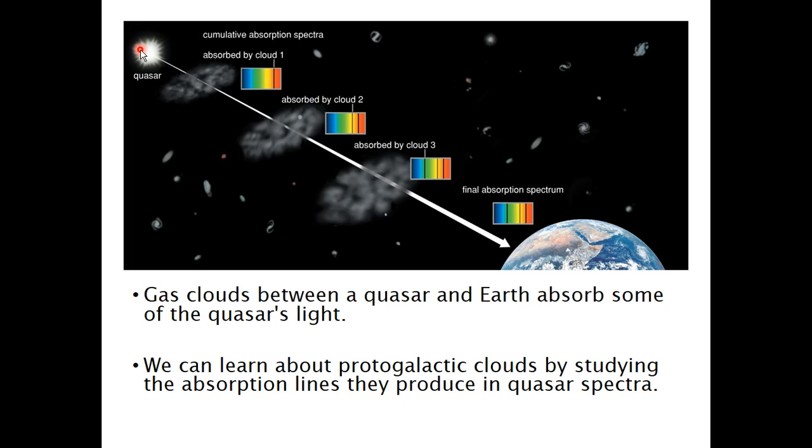It lets us tell what's in between that object and the Earth, because we can look at the absorption spectrum of all the material that light passes through, and we know that it's a fairly, you know, wide band. It's fairly broad in wavelength, and so we can figure out from the absorption spectrum what is in the material between the Earth and these quasars.